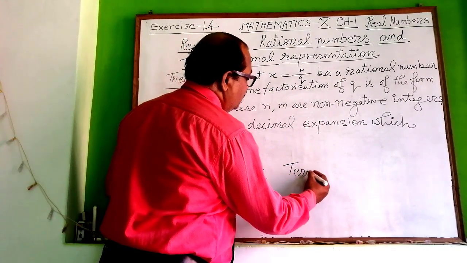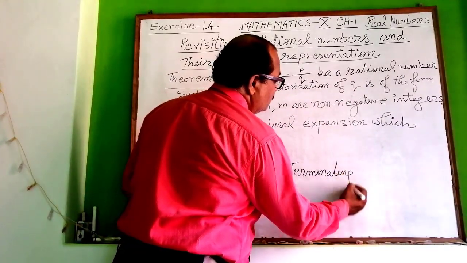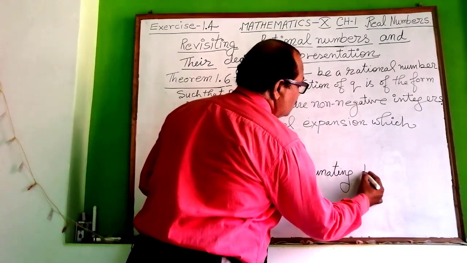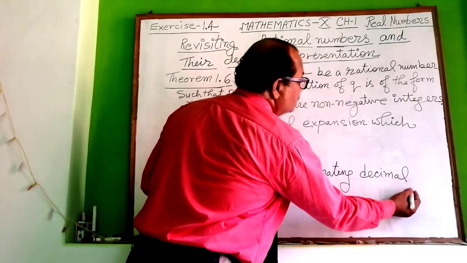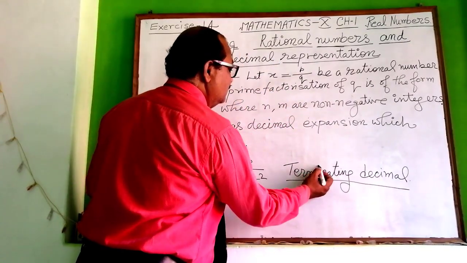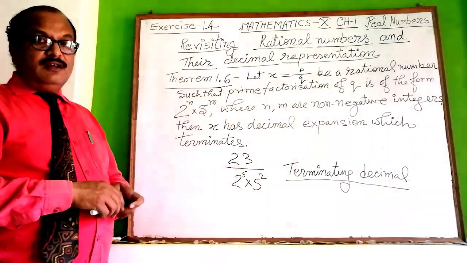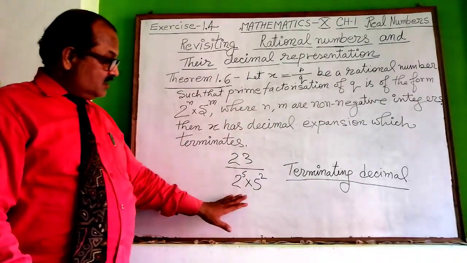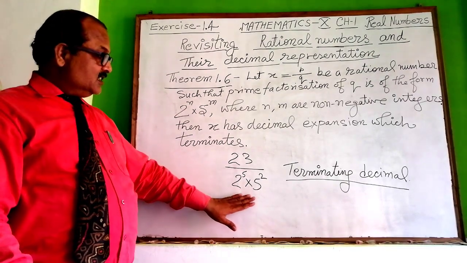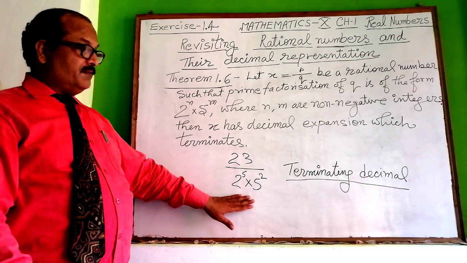This number will be a terminating decimal. So without actual division you can identify whether the given number is terminating or non-terminating repeating. Just see, this is the converse of theorem 1.5.